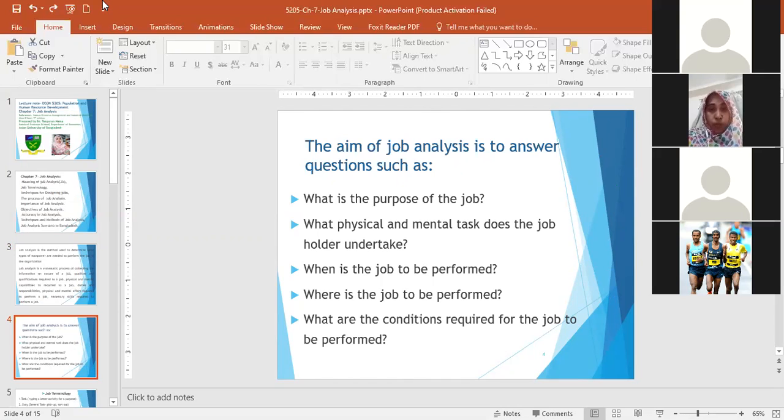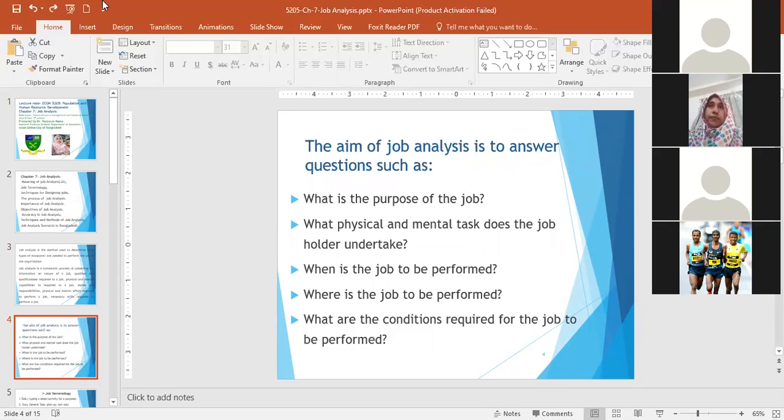When is the job to be performed, that means your working hours? Where is the job to be performed, that means the place of your job? And lastly, what are the conditions required for the job to be performed? So these are the aims of job analysis.